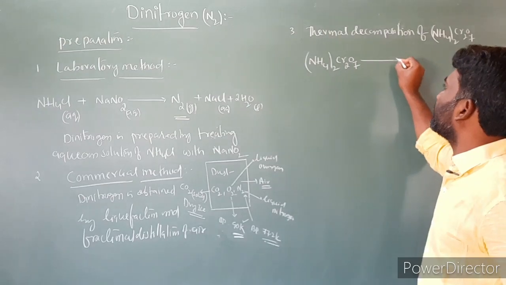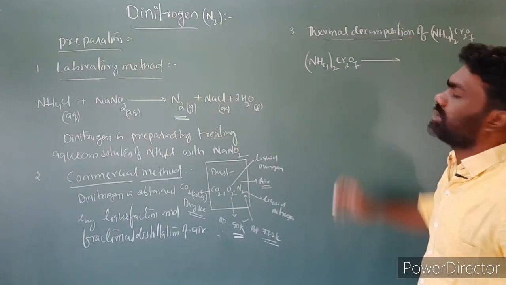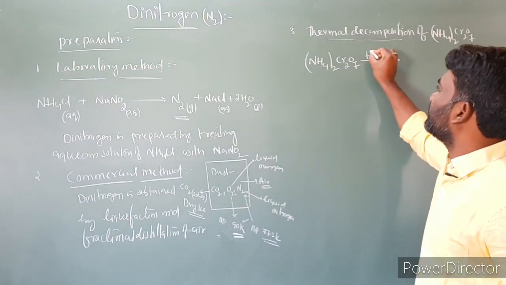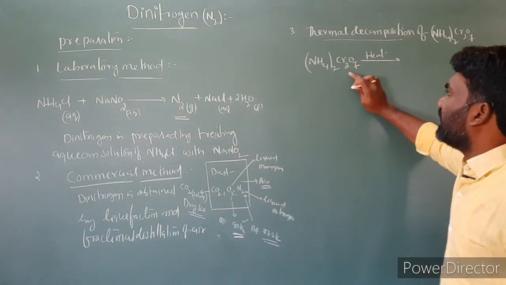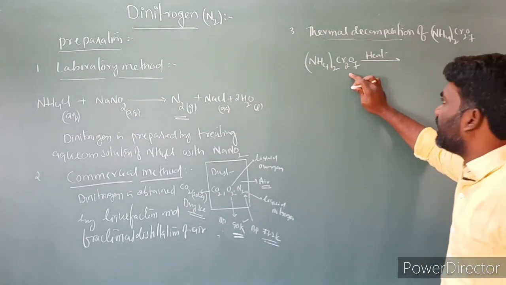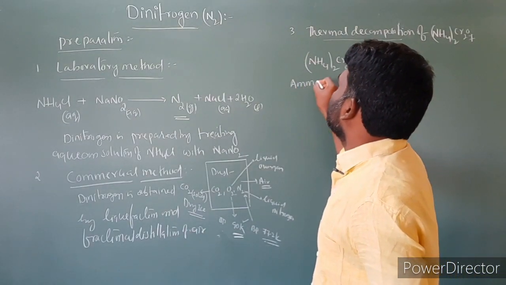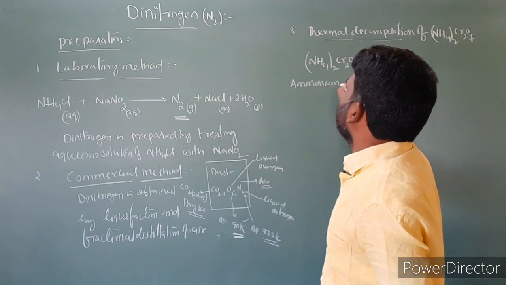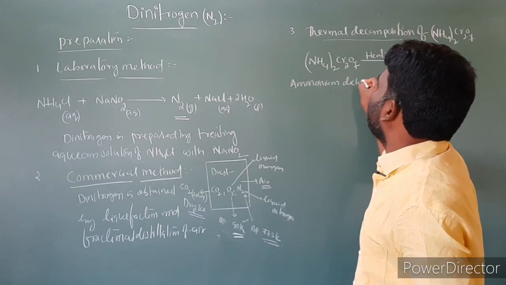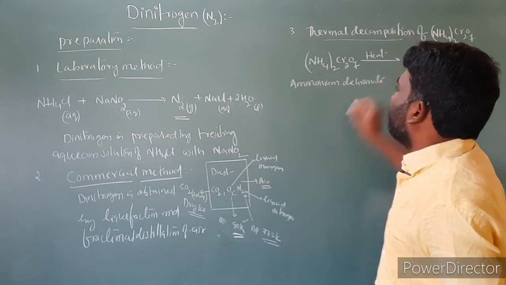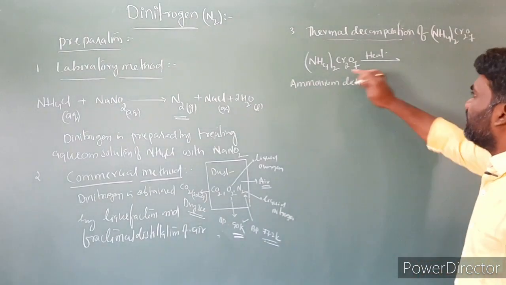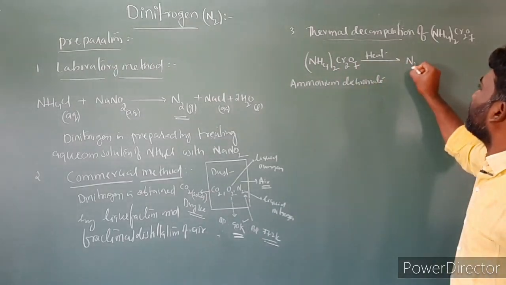This one we have to thermally decompose. Thermal decomposition in the sense we have to heat it. Whenever the ammonium dichromate is heated, the product is nitrogen gas.